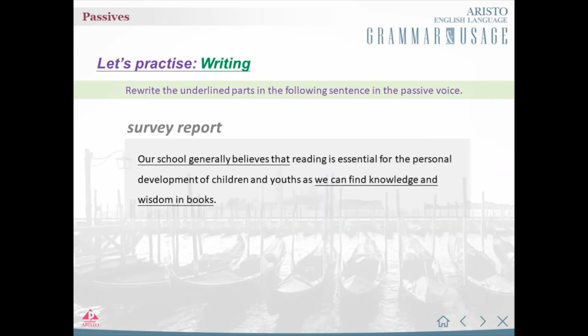Now let's practice writing. Rewrite the underlined parts in the following sentence in the passive voice.